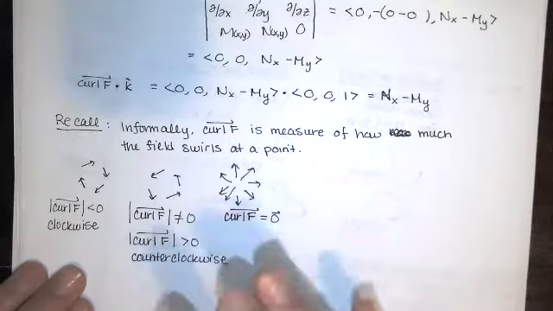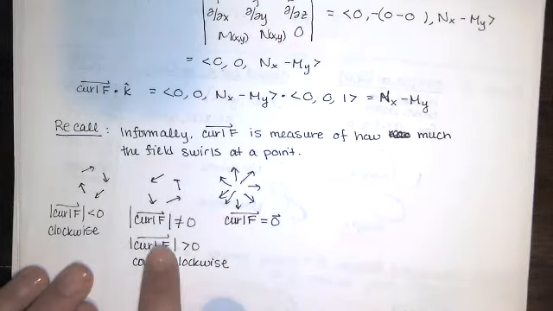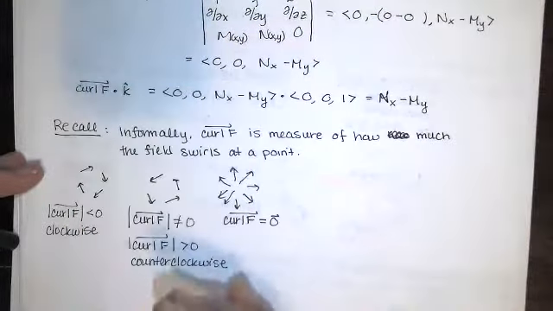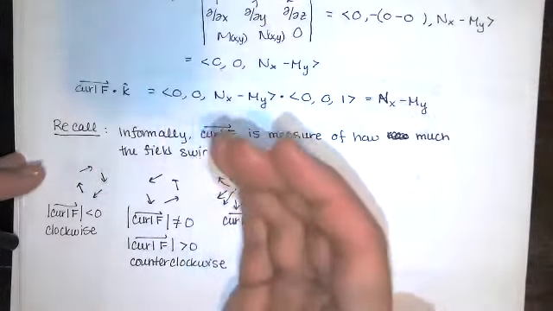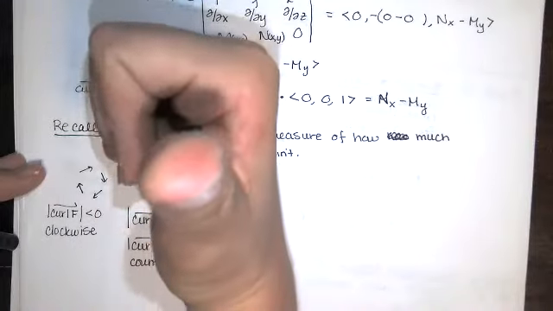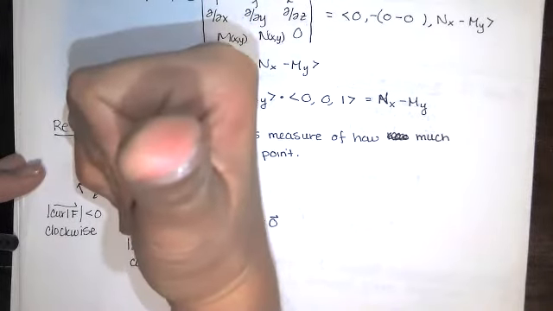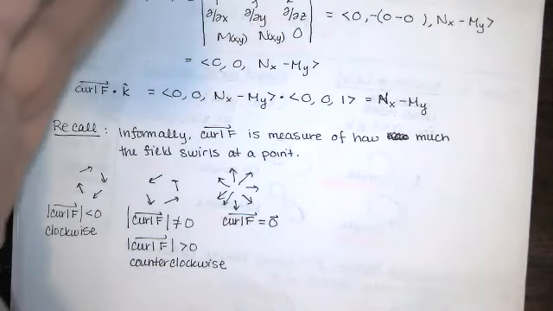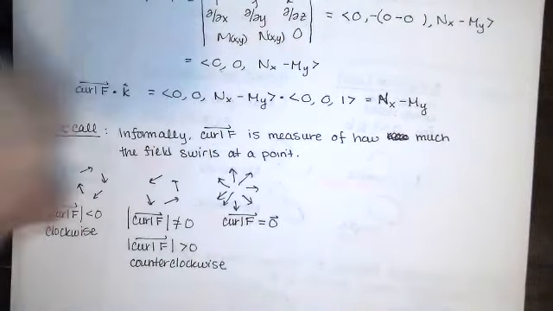Okay, so this curl, it's a vector. It's a measure of how much the fluid swirls around a point. If that curl is positive, the vector is actually pointing up like this. It's pointing in the direction of k hat if our fingers go with the fluid flow. We're going to call that positive, and it's counterclockwise relative to the positive z-axis, k hat. Now, if I use the right hand rule and wrap my fingers around in the same direction that my field is going, my thumb is going into the page.